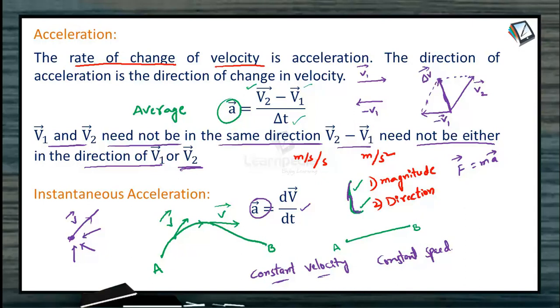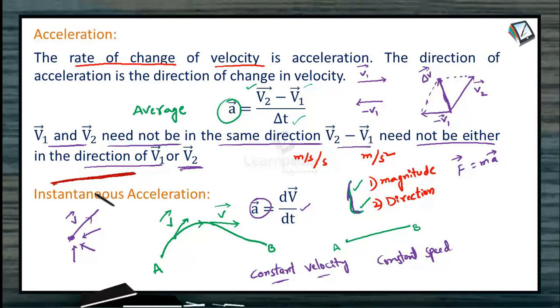So for example, suppose one particle is moving in a straight line with some constant velocity, and then we decide about applying some acceleration. So suppose acceleration is applied on the object along the same straight line on which the particle is moving, then the object keeps on moving on the same line.